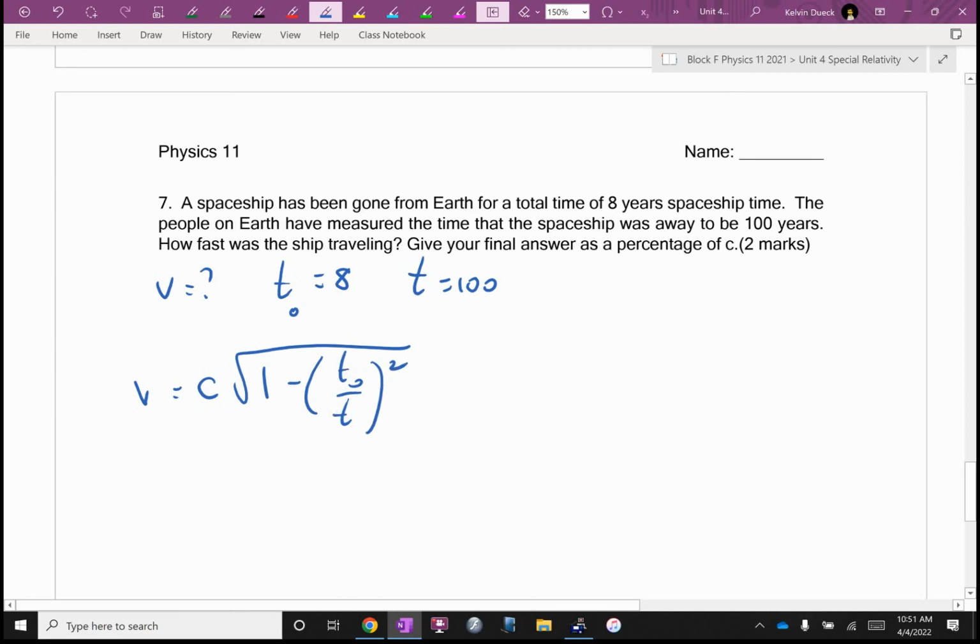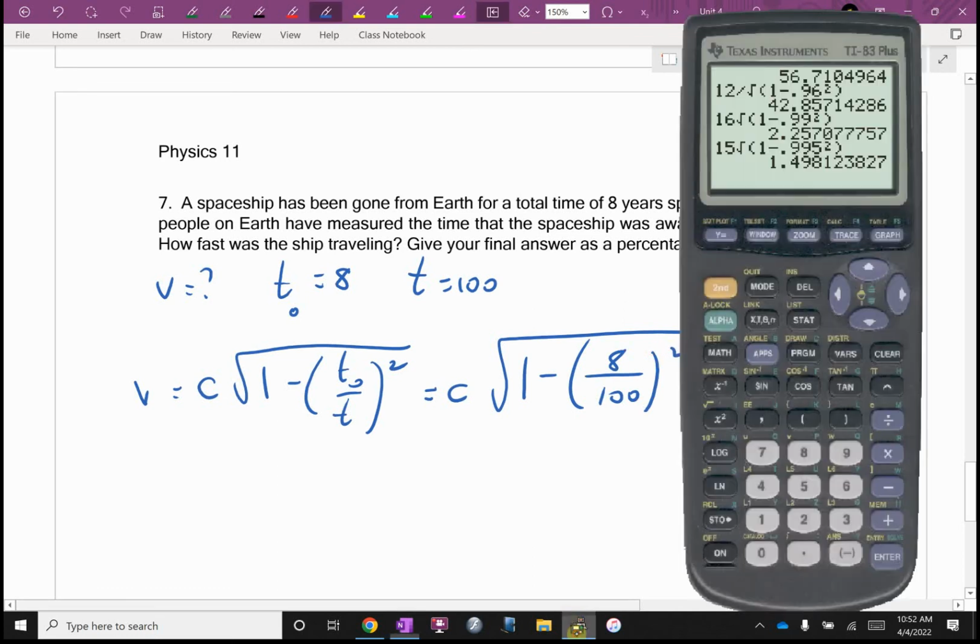It wants the answer as a percentage of C, so I'm just going to leave the C as a C, but I'm going to plug in the 8 and the 100. So it's going to be the square root of 1 minus, another bracket, 8 divided by 100. Close off that, squared. Close off the square root. And I get 0.9968.